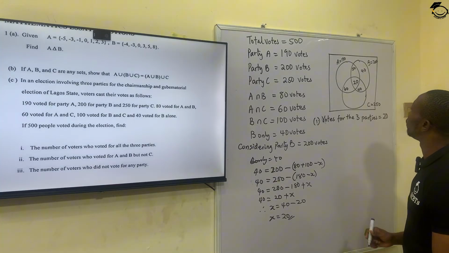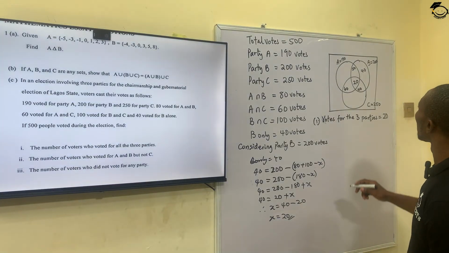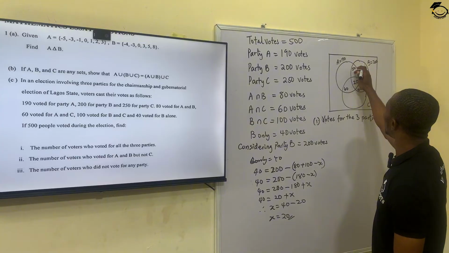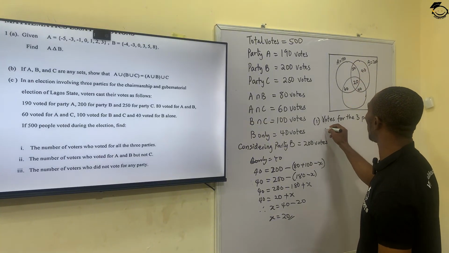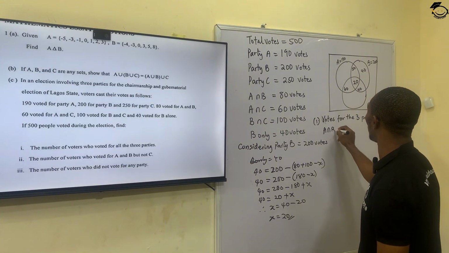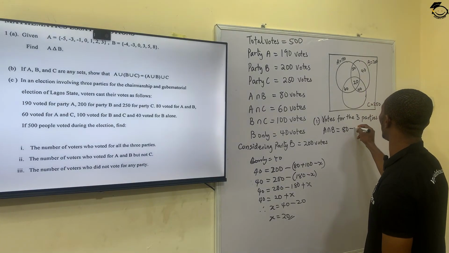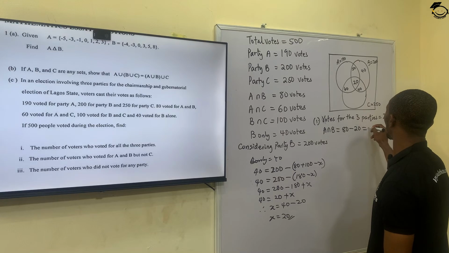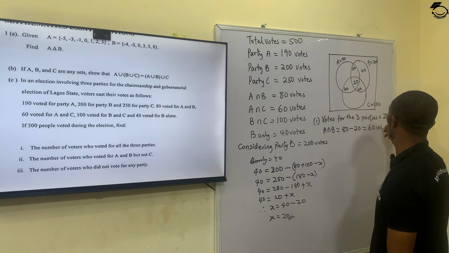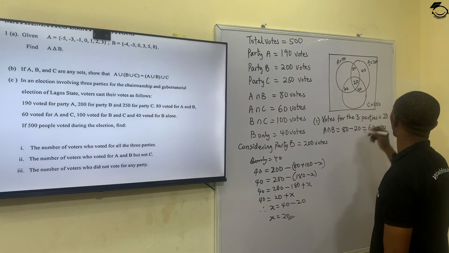Now, if our x here is 20 votes, so our value for A intersection B would become 80 minus 20, which is 60 votes. All right?